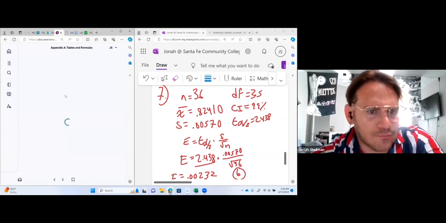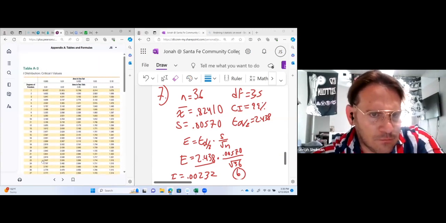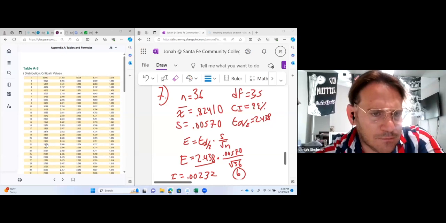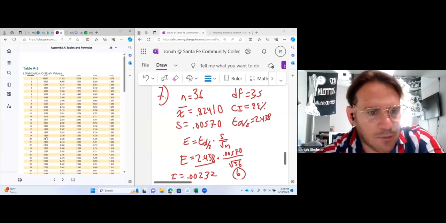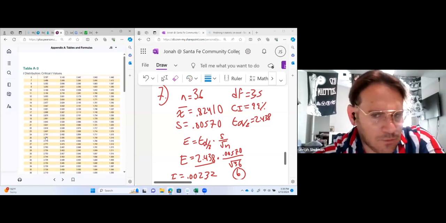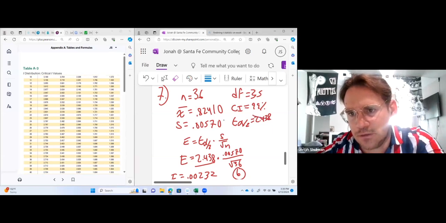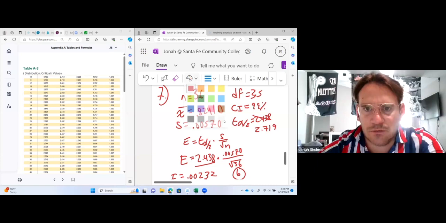Okay. It's over here. I was in the wrong column. That's 0.01 for 99%. My bad, because we should be in two tails. We all make mistakes, right? So for 36, it should be 2.719. That's what I got, which changes this value.